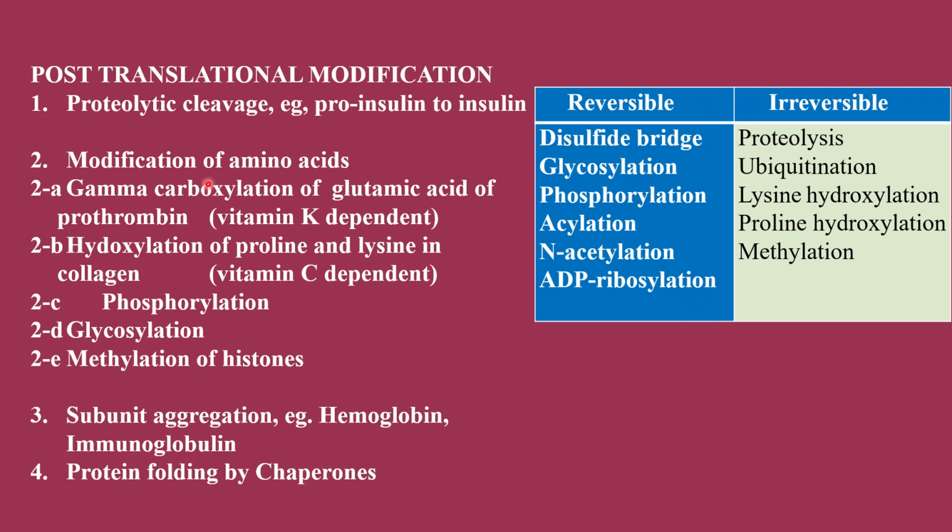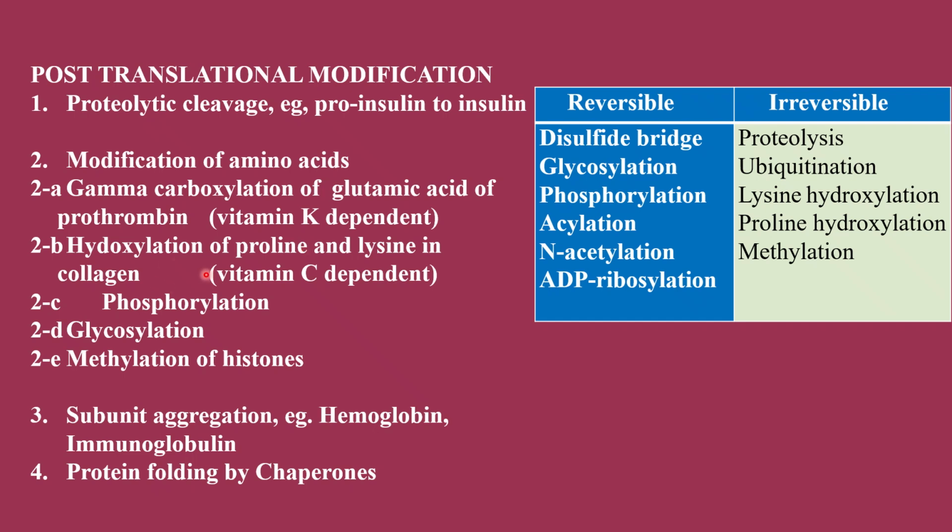Then post-translational modification. It can be in the form of proteolytic cleavage. We'll see the example of proinsulin to insulin. Then modification of amino acids. Then it can be gamma carboxylation of glutamic acid, for example in prothrombin to thrombin, which is a vitamin K dependent process.